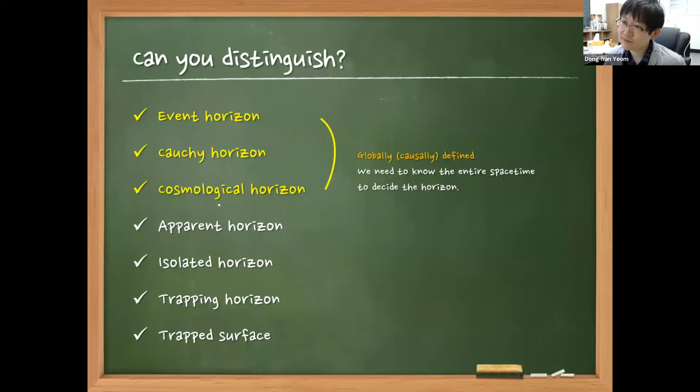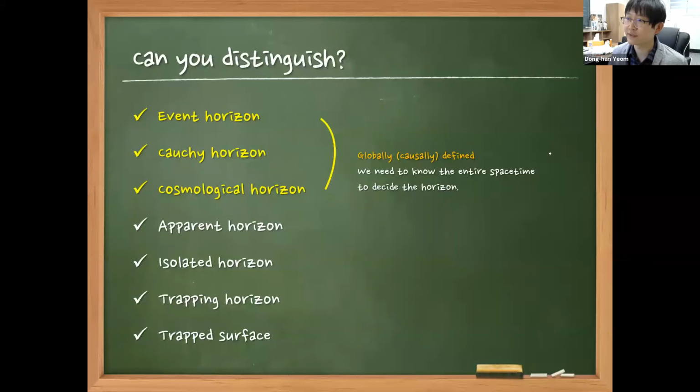The first three horizons are globally defined horizons. Historically, the event horizon, Cauchy horizon, and cosmological horizons were first introduced by mathematicians, including, thanks to Roger Penrose and Stephen Hawking and other important contributors. So the event horizon, Cauchy horizon, and cosmological horizons are basically a global concept.